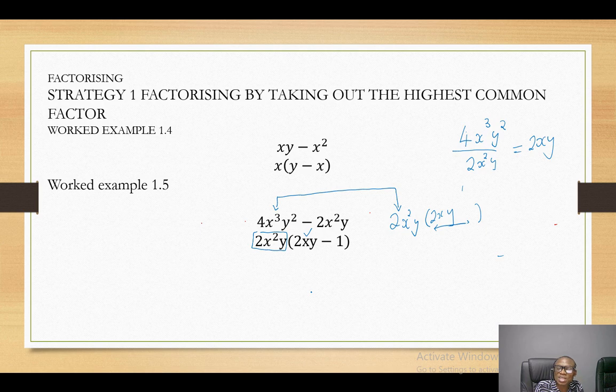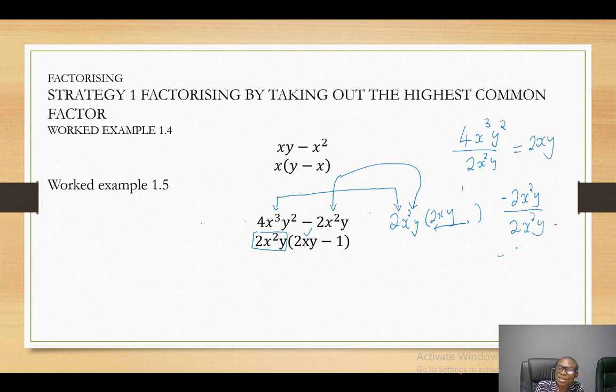Now you go to the second term in your expression. You also divide it by the common factor. Remember, you want to know what it is that you put inside the bracket. So you are now taking minus 2x squared y. You are dividing it by the highest common factor, which is 2x squared y.